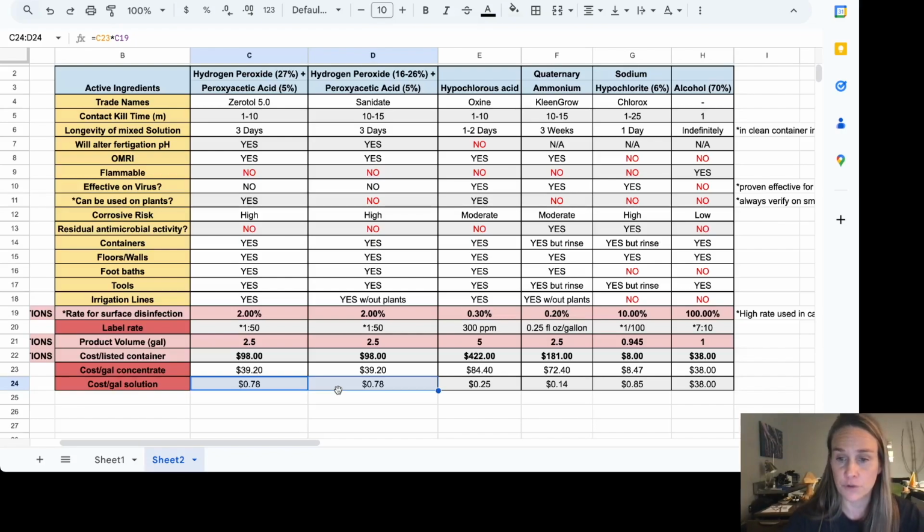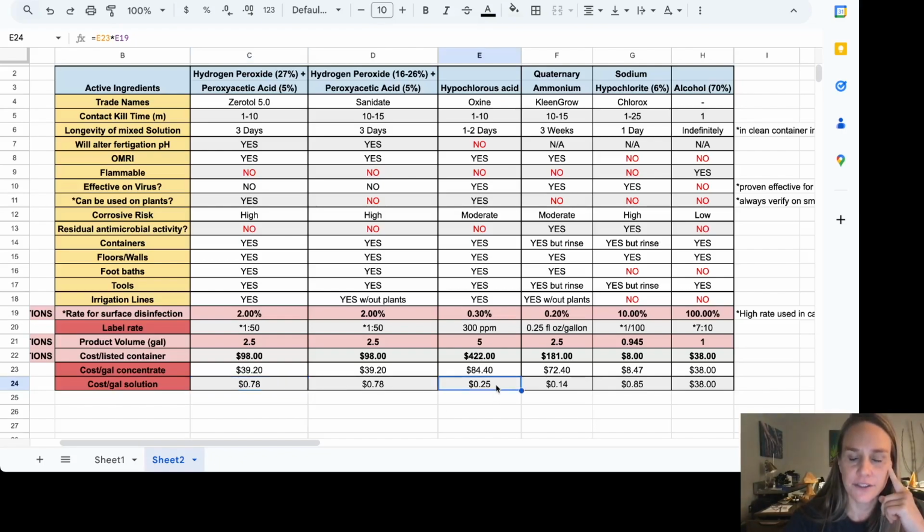And so if you look across through here and you ignore alcohol, because nobody's spraying alcohol in their greenhouses or large grows, but if you ignore that, they're pretty expensive. But what can you do with those? You can, at least with Xylitol, add it to your plant itself. Spray it foliarly. So maybe that helps you make the decision of, if I'm just cleaning hard surfaces, maybe Xylitol isn't the best bet for your money.